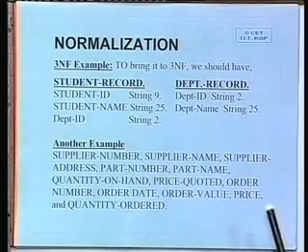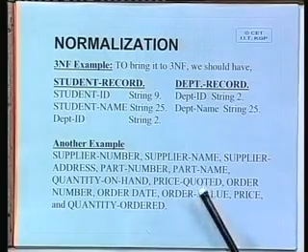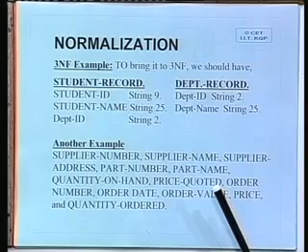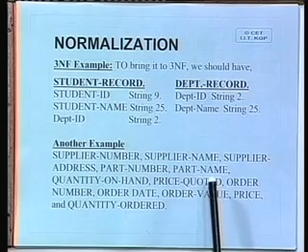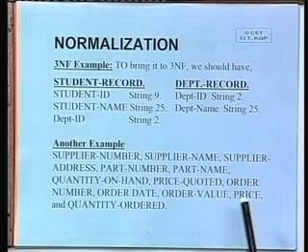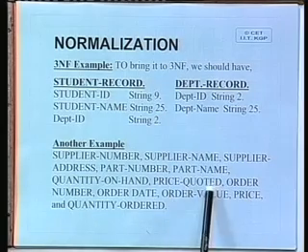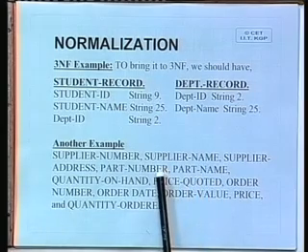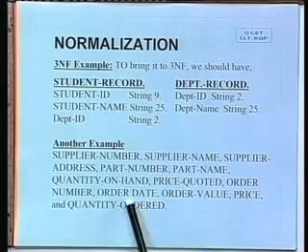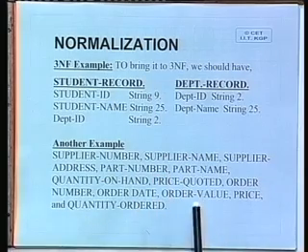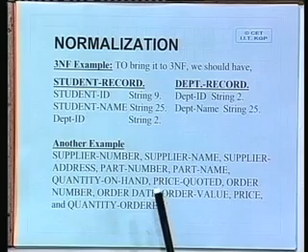Price quoted and price are two different things. Every supplier quotes a price, and the final price of a part will depend on the order number and the particular part.